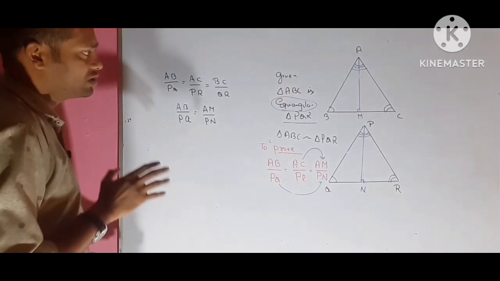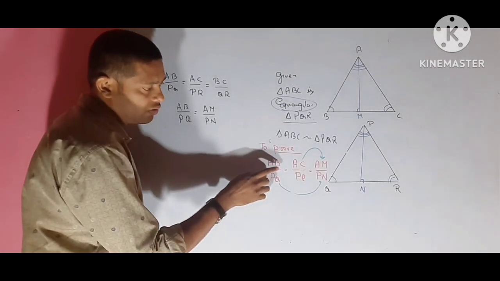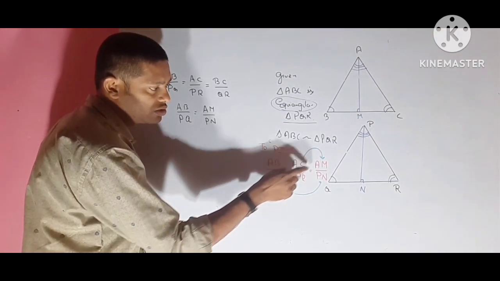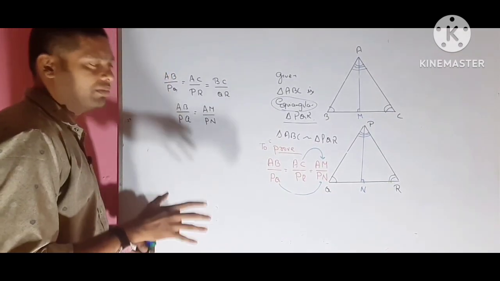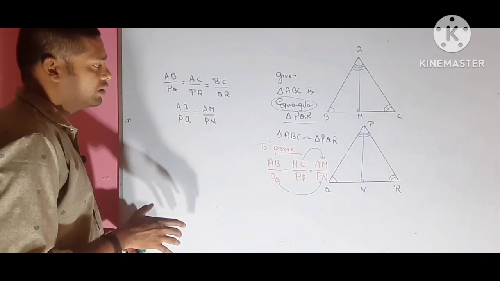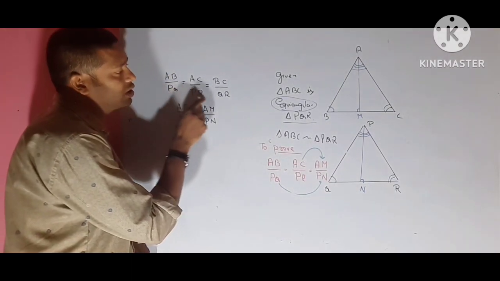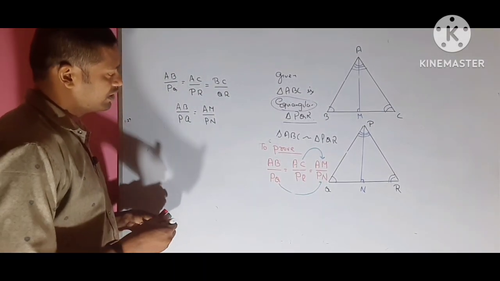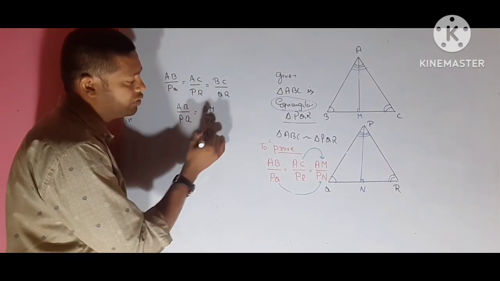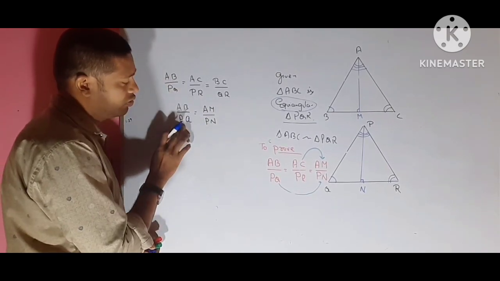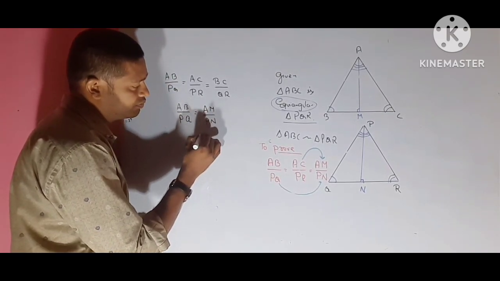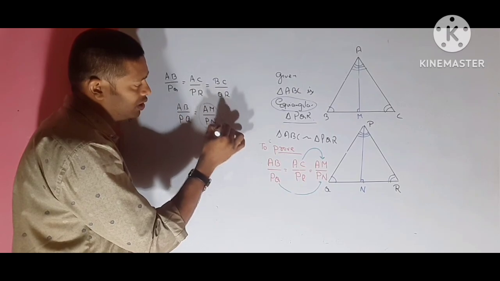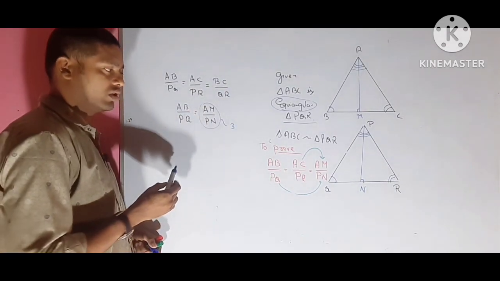Okay, what else do we need? Sir, we need one more thing: AC by PR is equal to this one by this one. You tell me one thing. We said that these all are equal. Okay, I will show you a small example. If this whole value is, for example, 3, I will say this is 3.